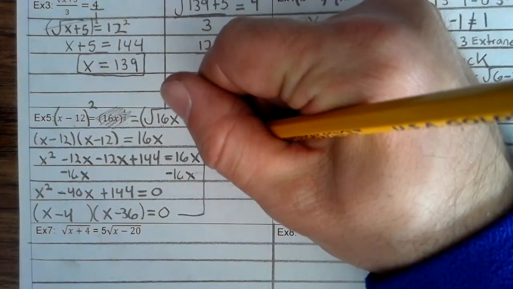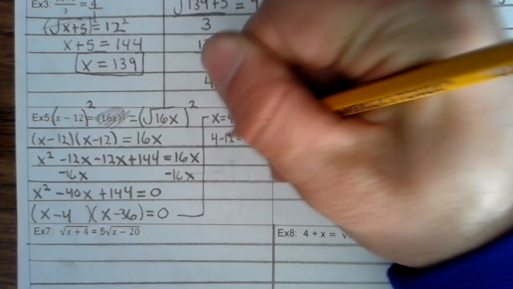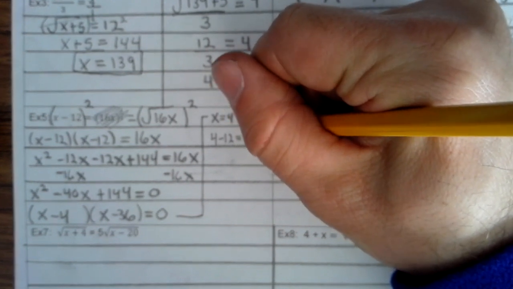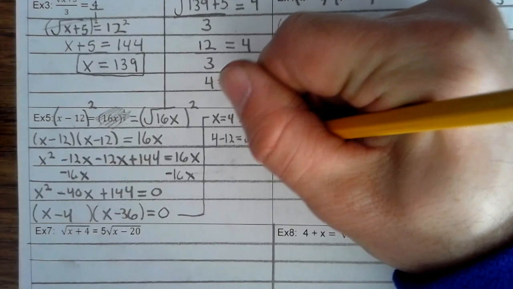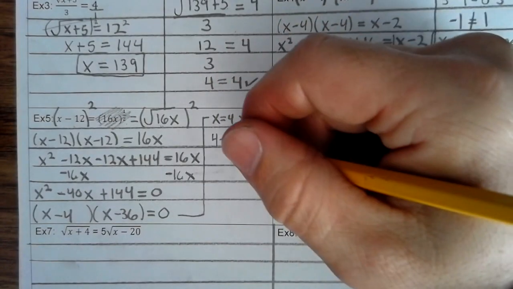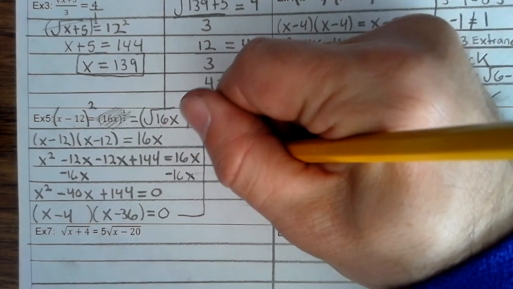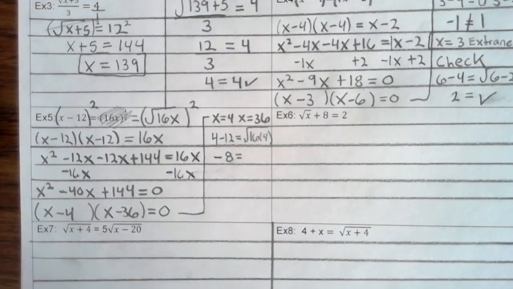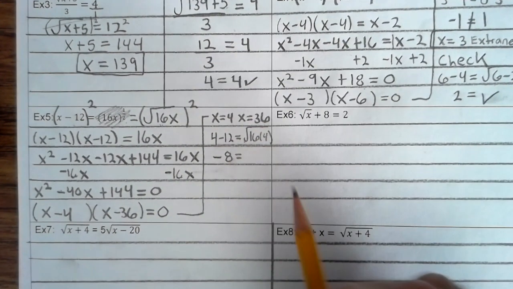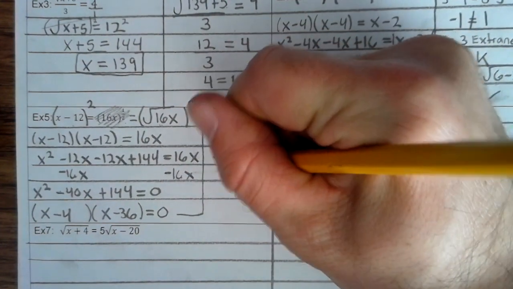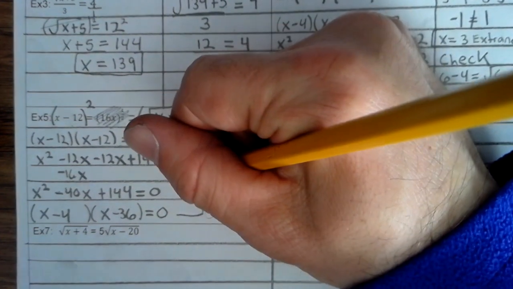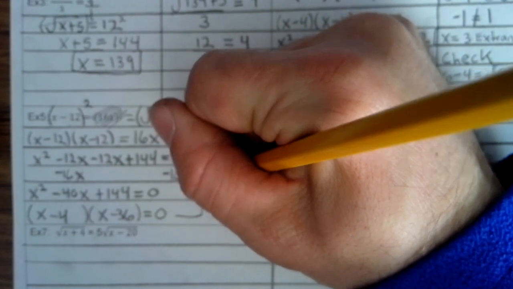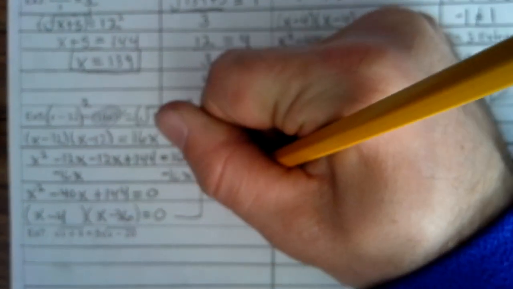So we'll do 4 minus 12 equals the square root of 16 times 4. 4 minus 12 is negative 8. 16 times 4 is, I believe, 64. So square root of 64 is 8. This doesn't check, so we would say x equals 4 is extraneous.